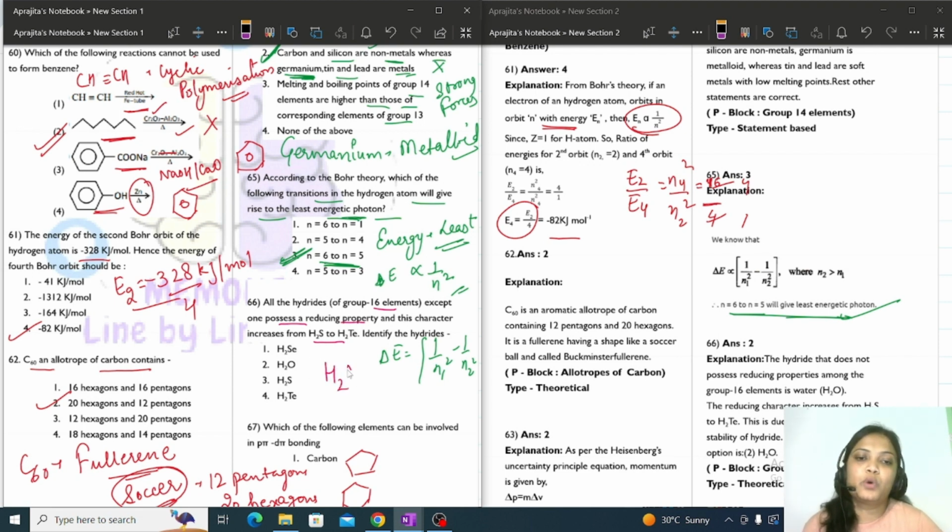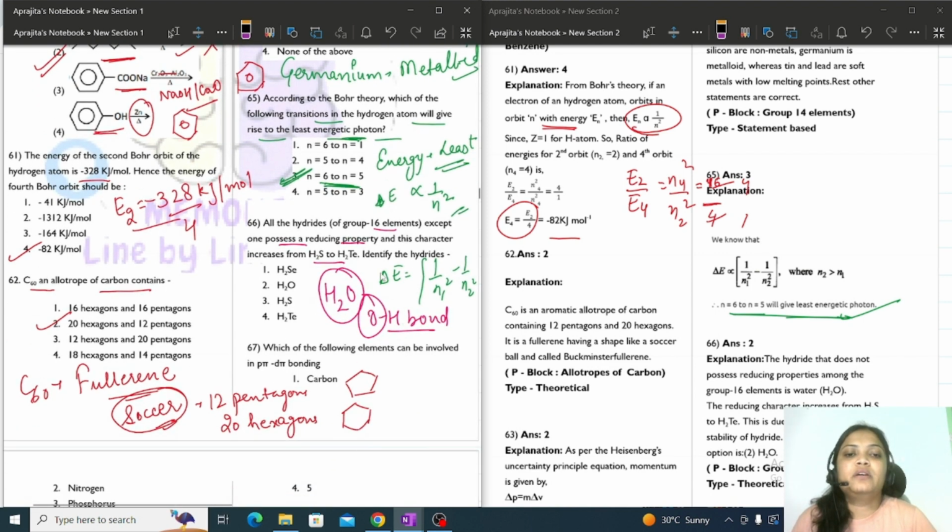That is water, because of the strong oxygen-hydrogen bond and the more electronegative nature of oxygen. Since oxygen is more electronegative, the oxidation number cannot increase, so the reducing property is not there. Moreover, this bond is strong and water exists as an associated molecule and the others don't.